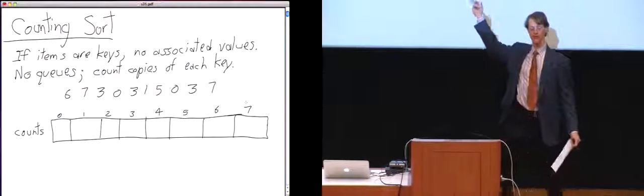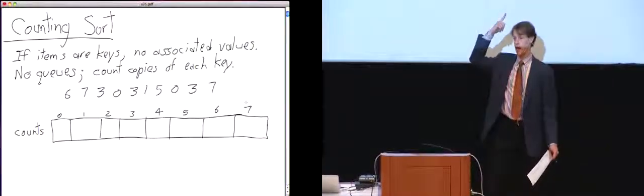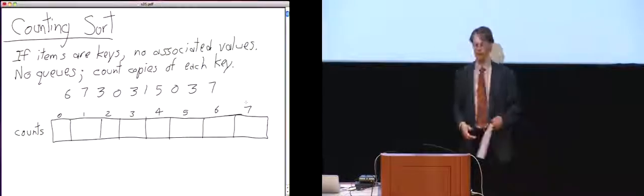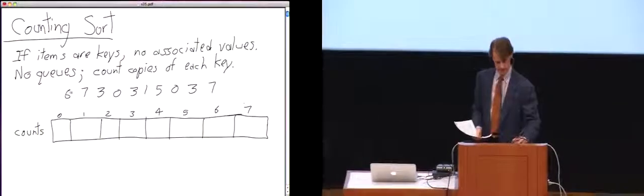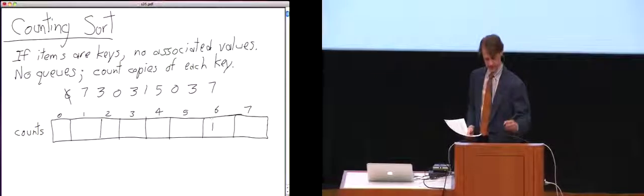Now I'm just going to go through the list from left to right and count up how many times I see each number. So the first number is 6, so I count 1 in the 6 box.